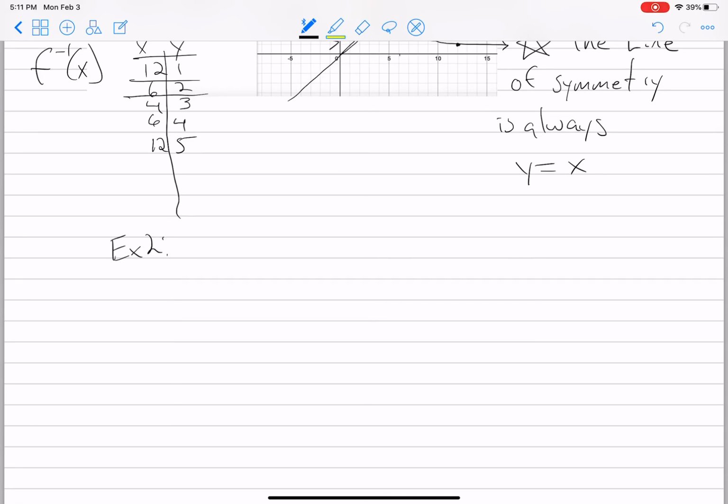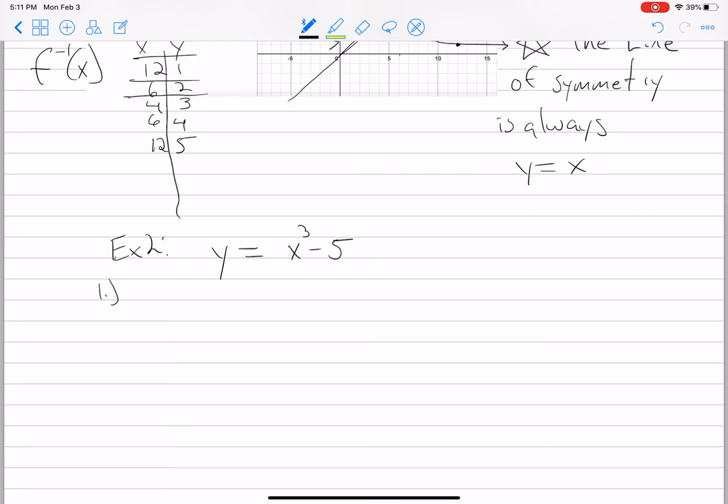Example 2 says y equals 3x cubed. Ooh, that's a bad idea. X cubed minus 5.